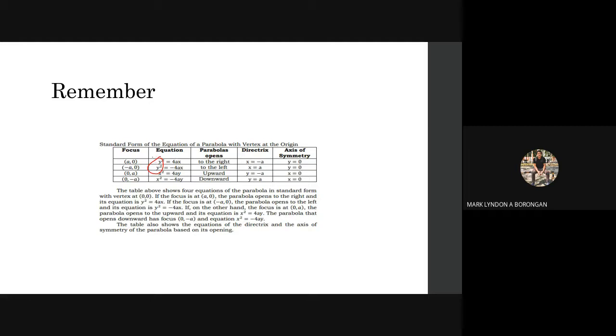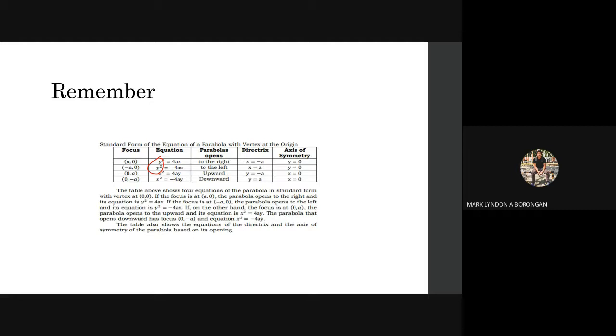Okay? It will start at y squared. That is how we know this parabola opens to the right or to the left, because it has a y equation. But if we have an x equation, it opens upward or downward.